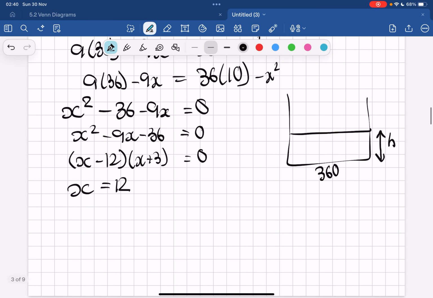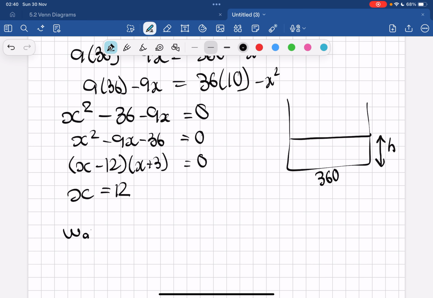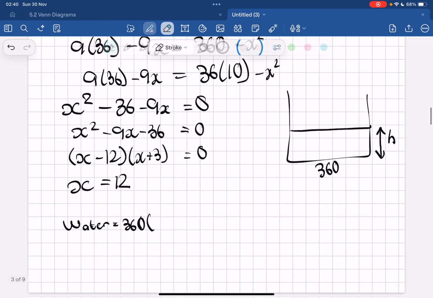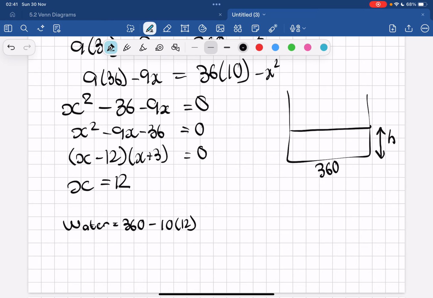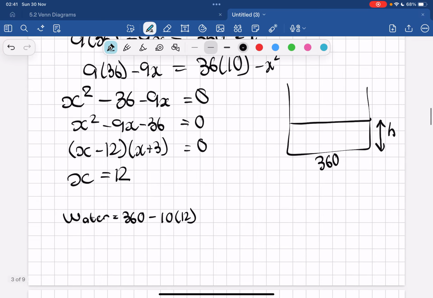The water volume equals 360 minus 10x, where x is 12, all times 9. That's 240 times 9, which equals 2160.